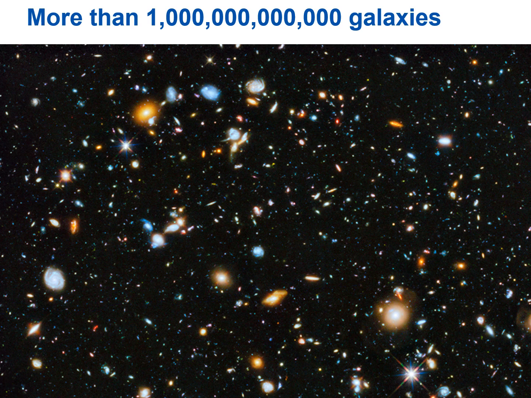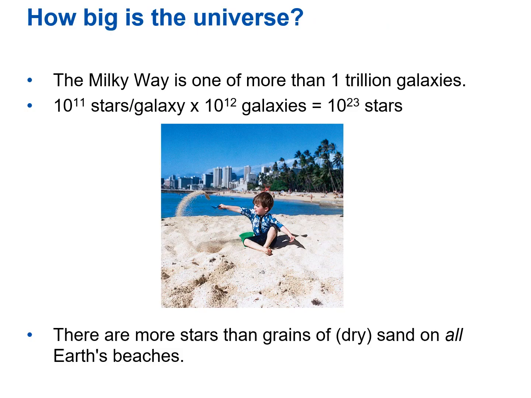So as we contemplate the stars of the universe, how big is the universe? The Milky Way galaxy is one of more than a trillion galaxies. And there are roughly 10 to the 11th, so that's 100 billion, meaning a 1 with 11 zeros after it, stars per galaxy, times about a trillion galaxies, and that means 10 to the 23rd power stars in the universe, our estimate.